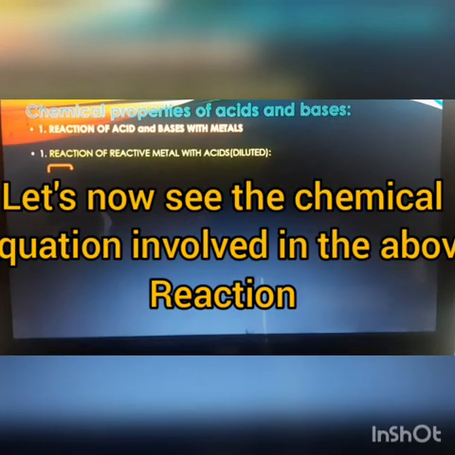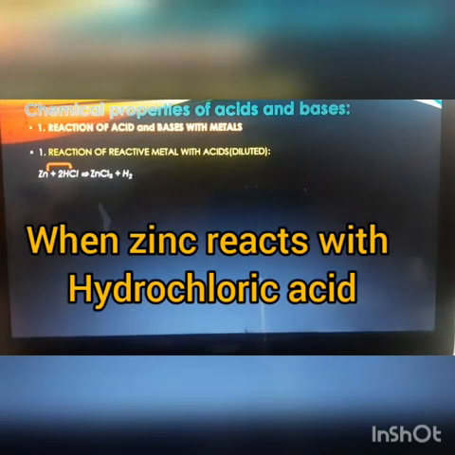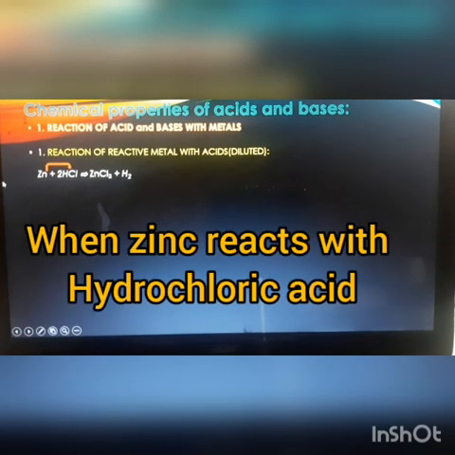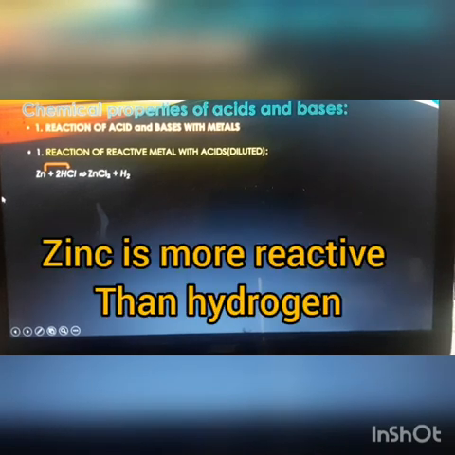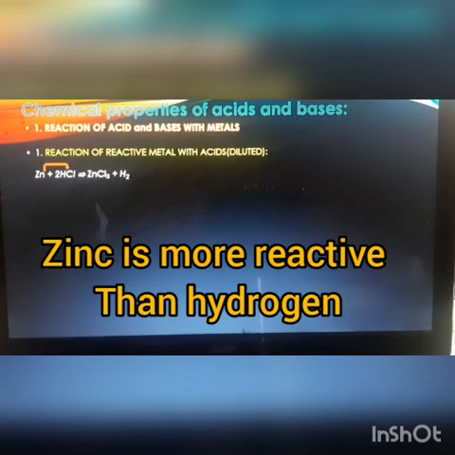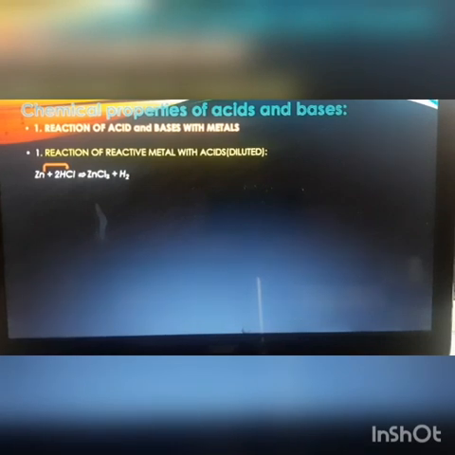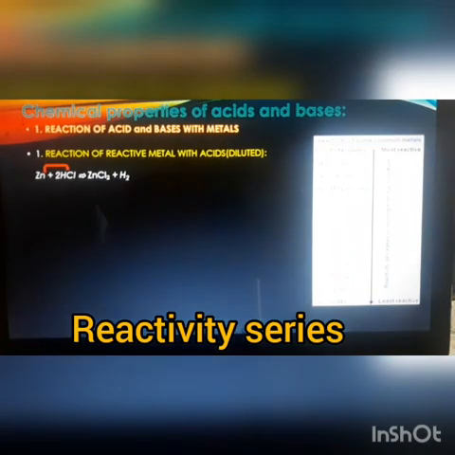Let's have a look at the chemical equation involving zinc reacting with hydrochloric acid. What happens? Zinc is more reactive than hydrogen. Students, do you remember the reactivity series?